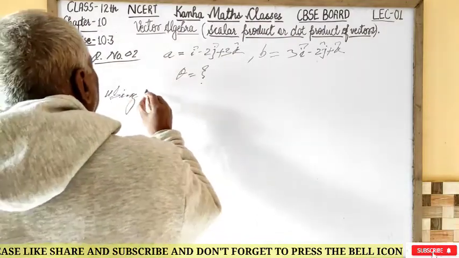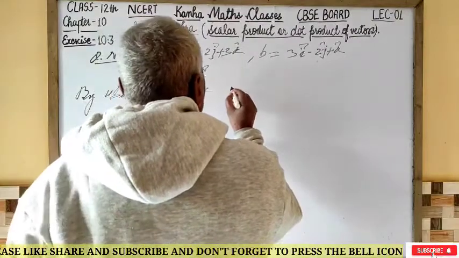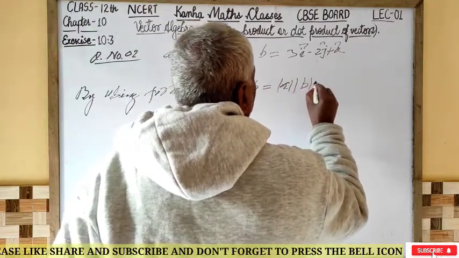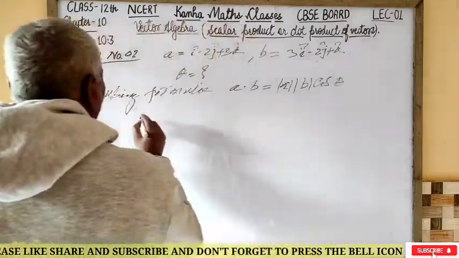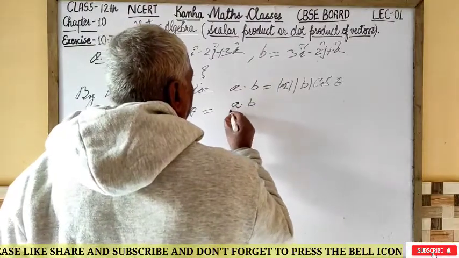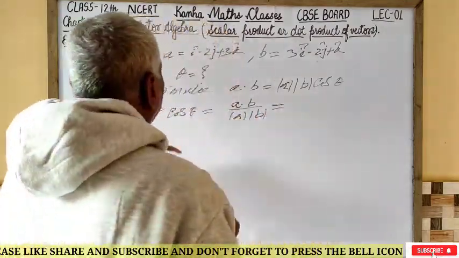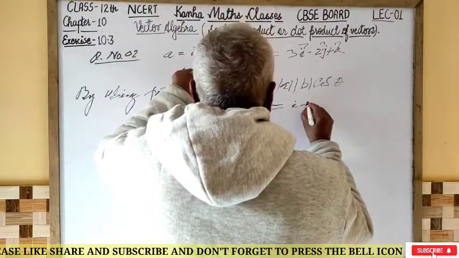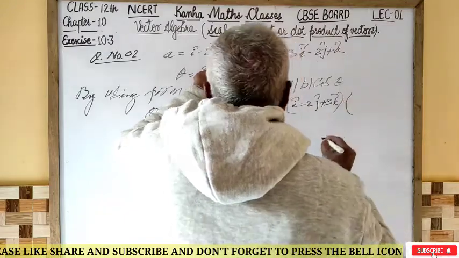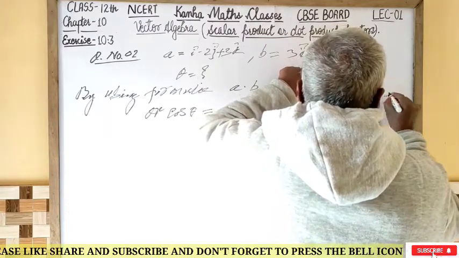By using the formula, the dot product of A and B is equal to mod of A mod of B cos theta, or cos theta is equal to the dot product of A and B upon mod of A mod of B. Now replacing the value of A by i minus 2j plus 3k, and instead of B we will use 3i minus 2j plus k.